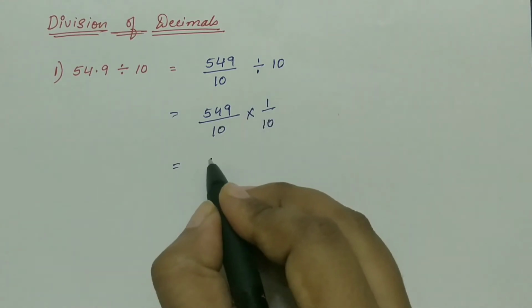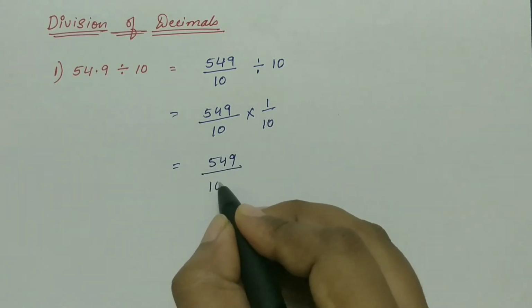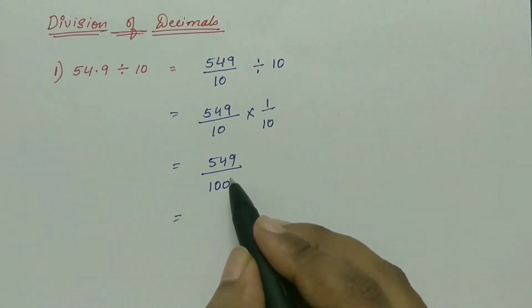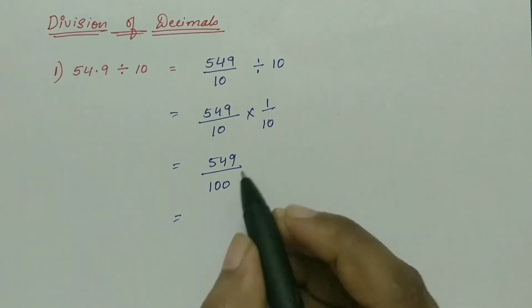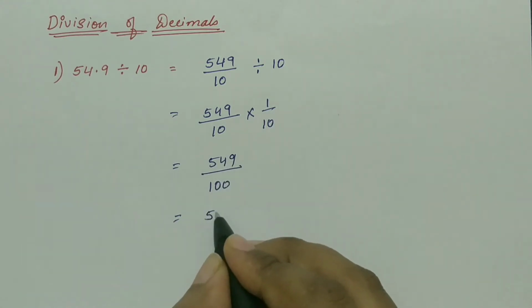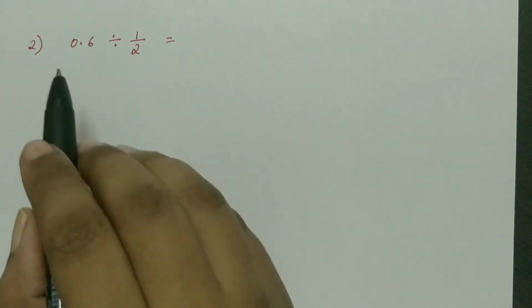Multiply the numerators, 549, and denominators equal to 100. Now convert it into decimal. 2 zeros, 1, 2, 5.49.